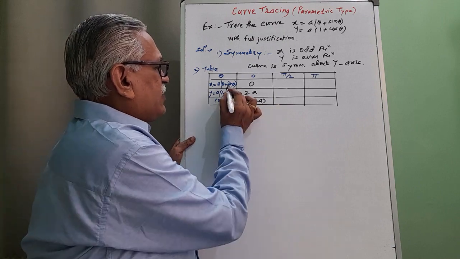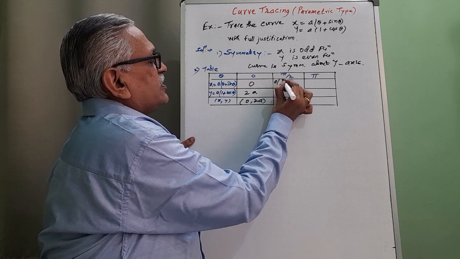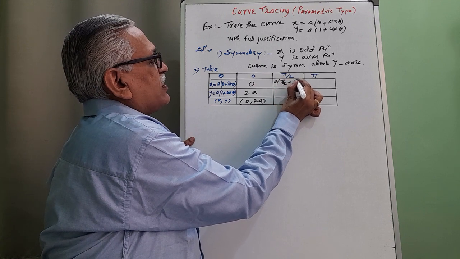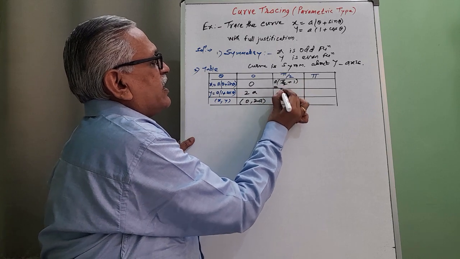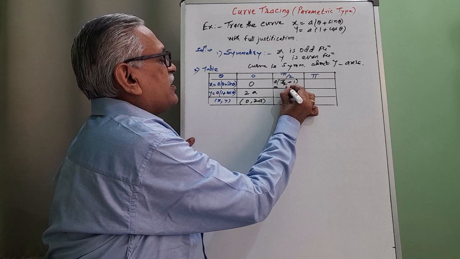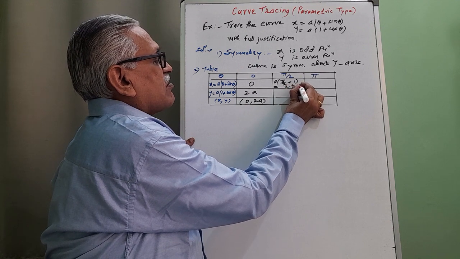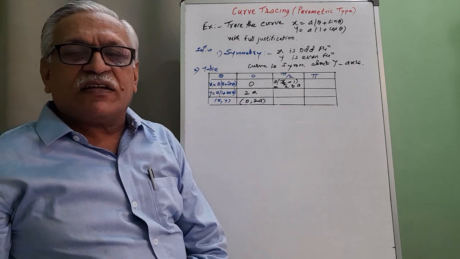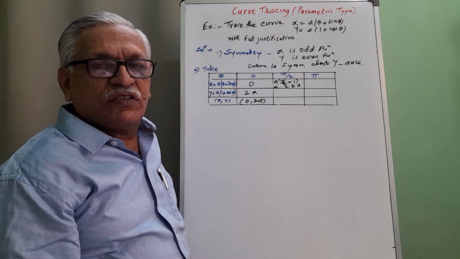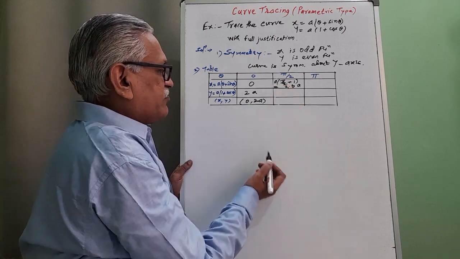Then for pi by 2, it is a, theta is pi by 2, and sin pi by 2 is 1. If we calculate that value by calculator, we get it as 2.6a approximately, that is 3.14 divided by 2 plus 1 gives you 2.6 into a.